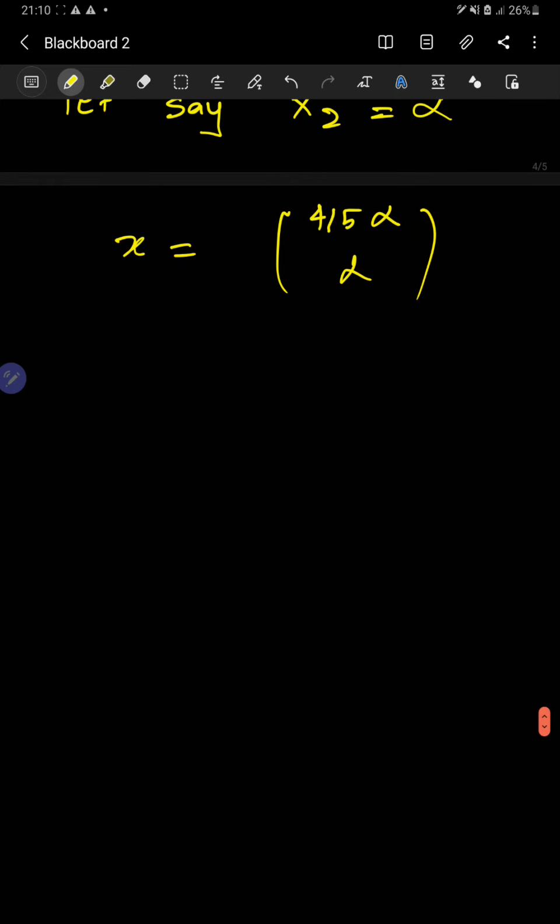We'll often use this notation to write it: (4/5, 1) transpose. So the eigenvectors are all non-zero multiples of this.